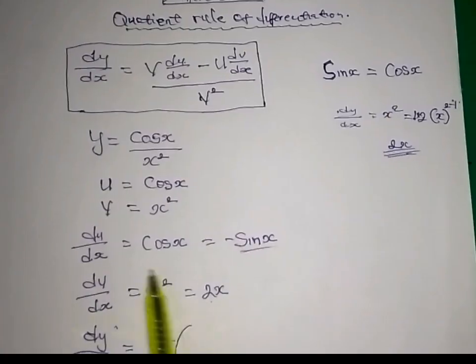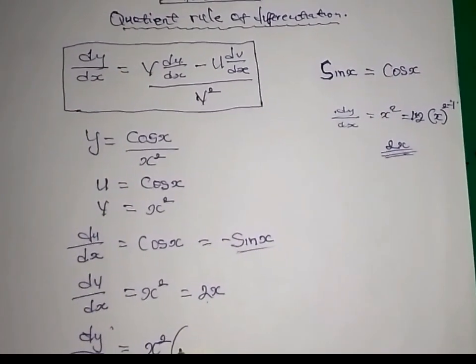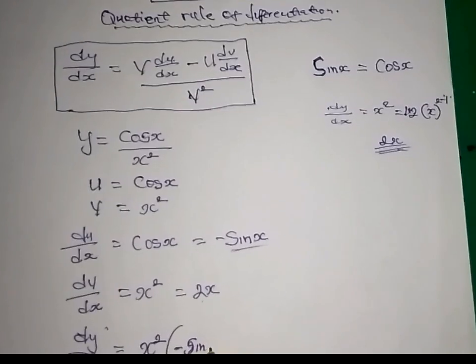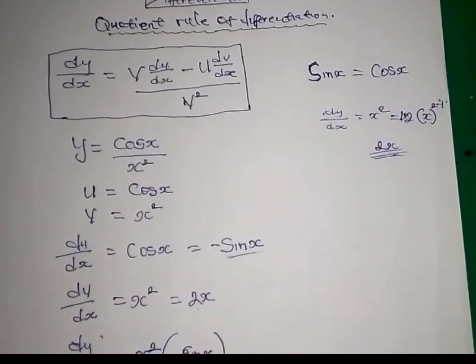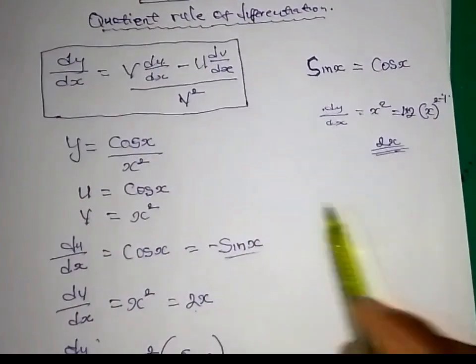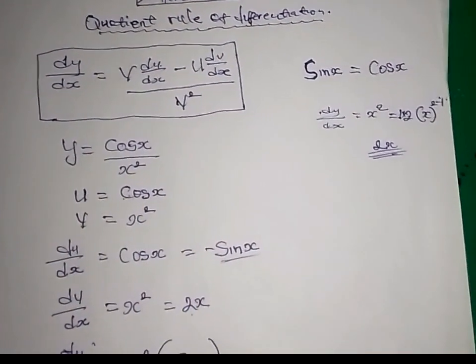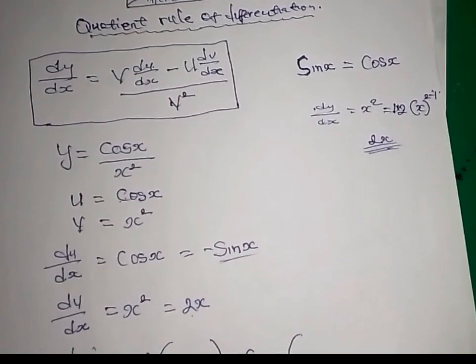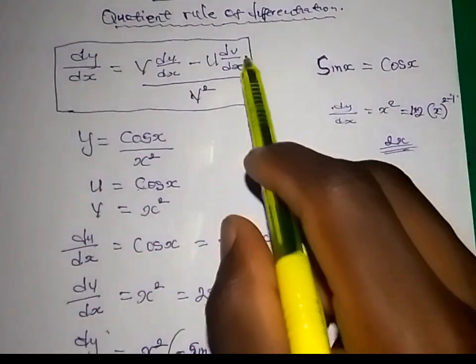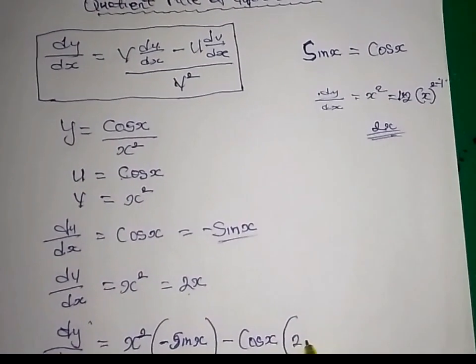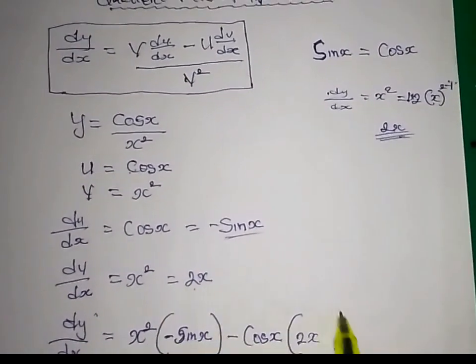What is our du over dx? That is negative sine x, minus u. What's our u here? We have u as cos x multiplied by dv all over dx. Dv all over dx will give us 2x, which is this.